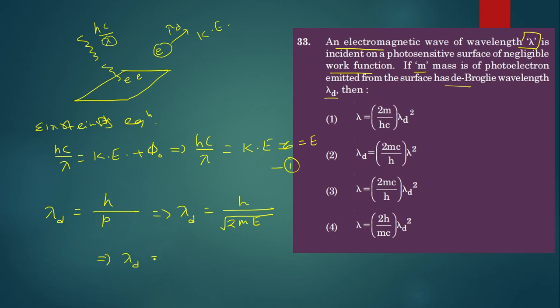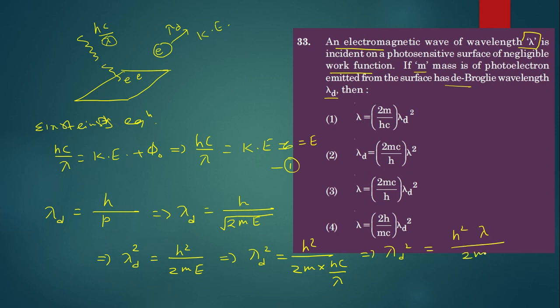What I will do is just square both sides. Lambda d square equals h square by 2mE. Now I will put the value of this E, which is hc divided by lambda. So lambda d square equals h square lambda by 2mhc. A little bit more simplification: lambda d square equals h lambda by 2mc.